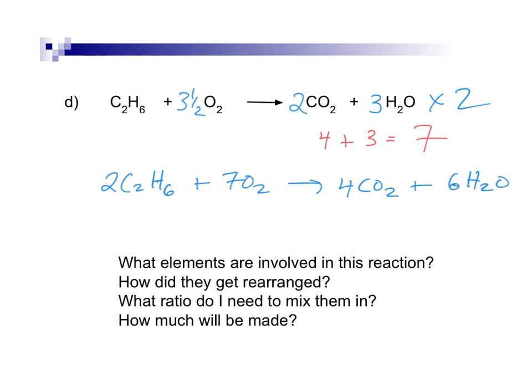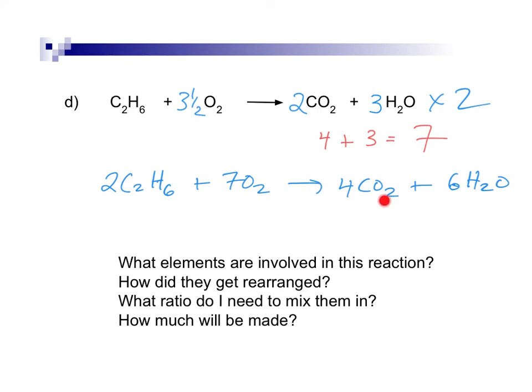Let's double check to make sure it's still balanced. On the left side, I've got 2 times 2, that's 4 carbons. This is for 4 carbons, 4 times 1. For my hydrogens, I have 2 times 6, that's 12 H's. On the right side, I have 6 times 2, that's 12 H's over here. Then on the left side, I have 7 times 2, that's 14 O's.